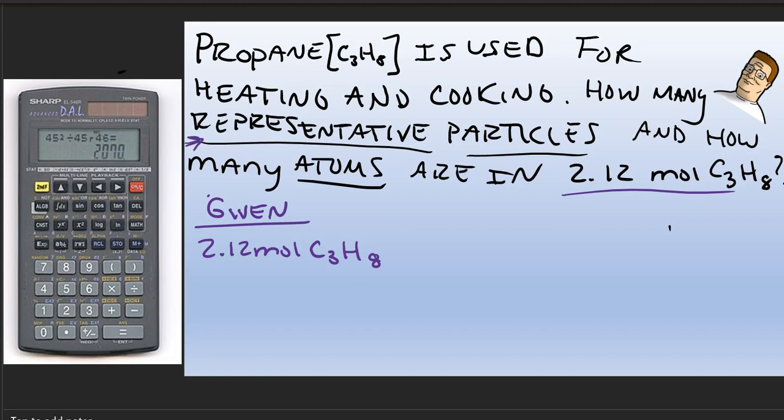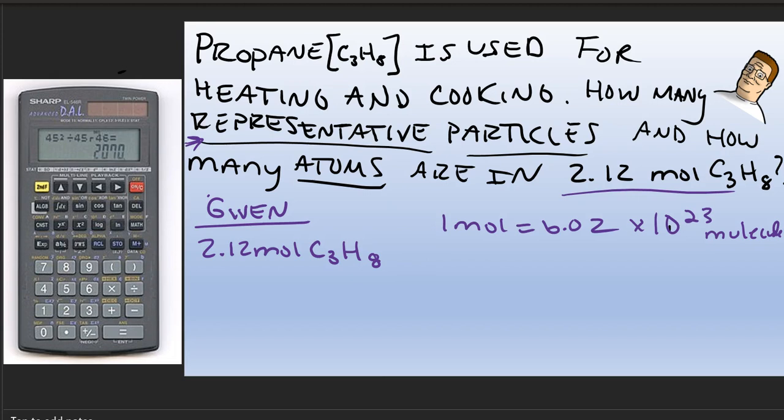And to do that, we know that 1 mole of anything is equal to Avogadro's number of that thing, 6.02 times 10 to the 23rd. In this case, because this is a molecular compound, it will be molecules for the representative particle.